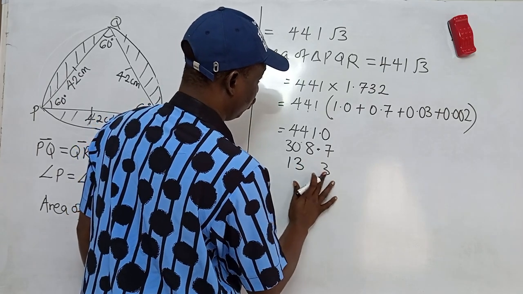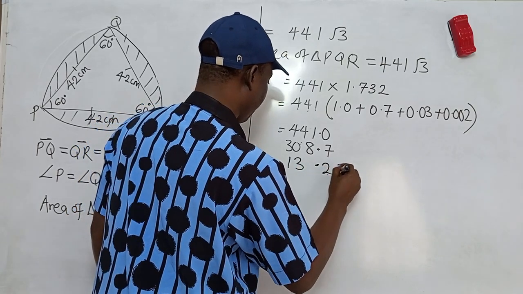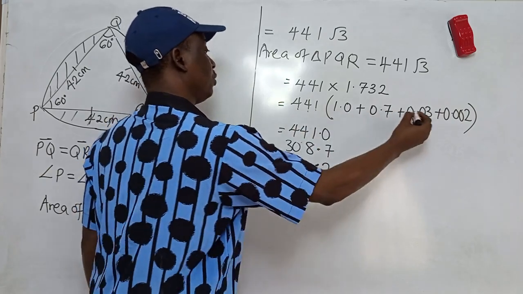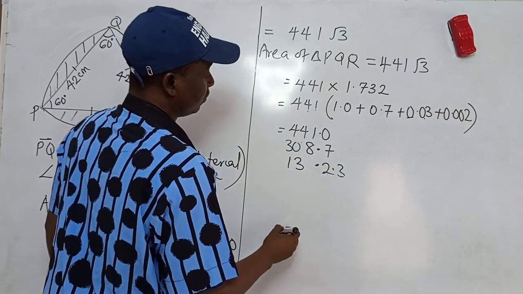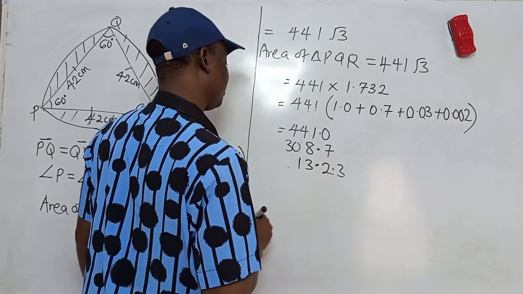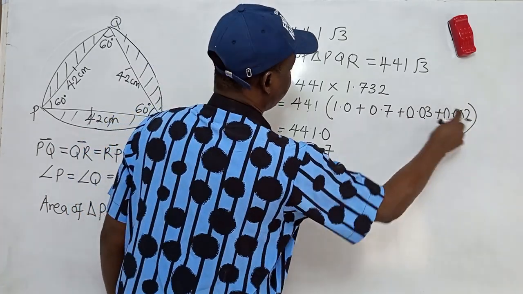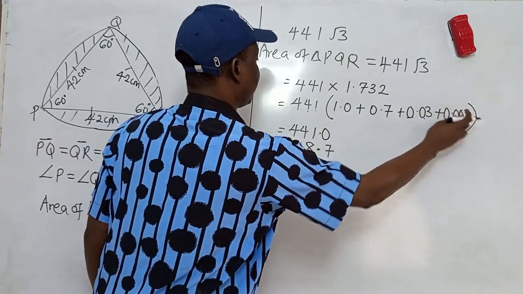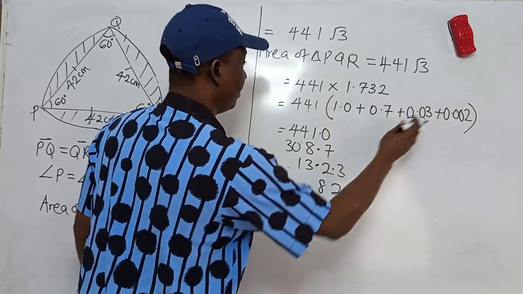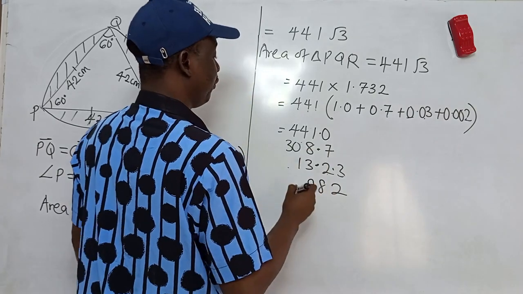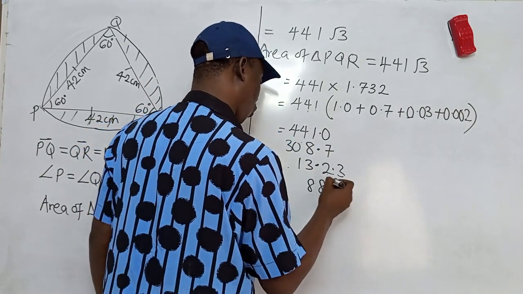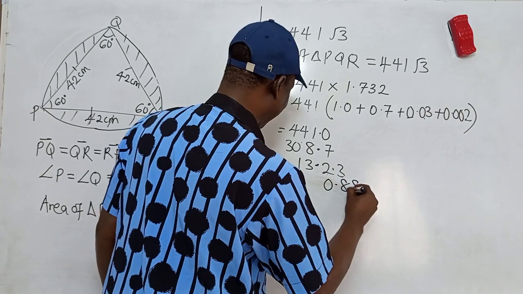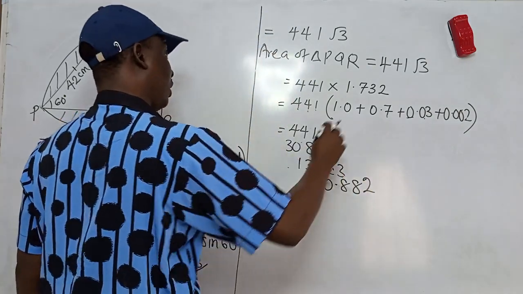So 13.23, because of the 2 decimal places, if we move it 1, 2, because of the 2 zeros. Then 2 times 1 is 2, then 2 times 4 is 8, this times this is 8. So if you move the decimal place 3 places, 1, 2, 3, at the end of the day you are going to have 0.882.